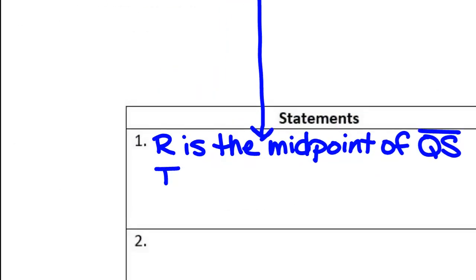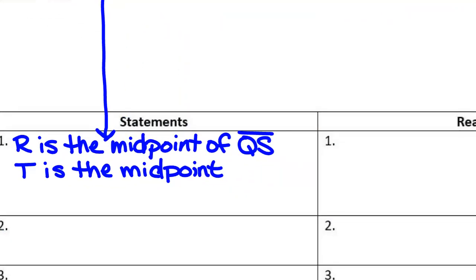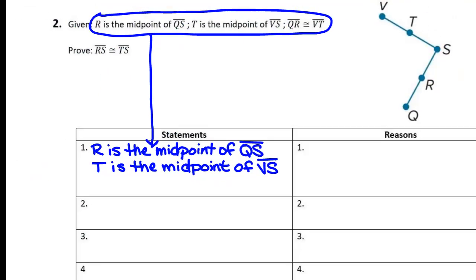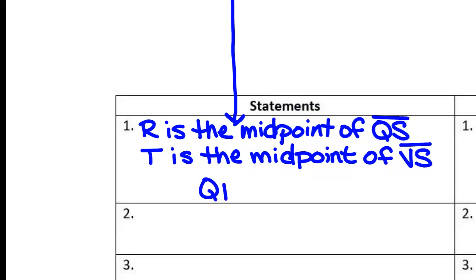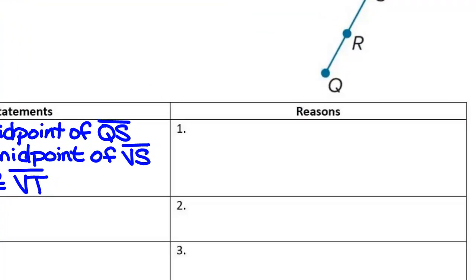T is the midpoint of VS. Segment QR is congruent to segment VT. What's the reason for all 3 of those statements that are all crammed into the same box? Given.